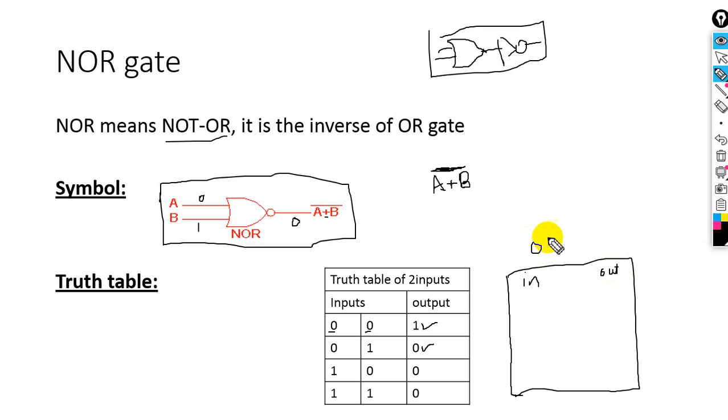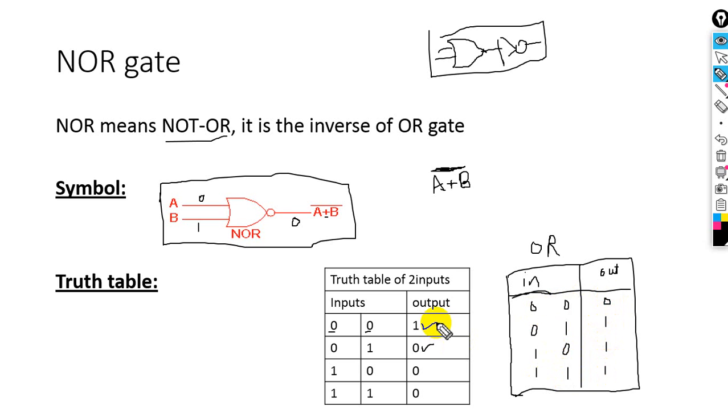Now if we have 2 inputs, we should have 4 combinations of input: 0 0, 0 1, 1 0, 1 1. In case of the OR gate, when all of the inputs are 0, the result will be 0, otherwise the result will be 1.